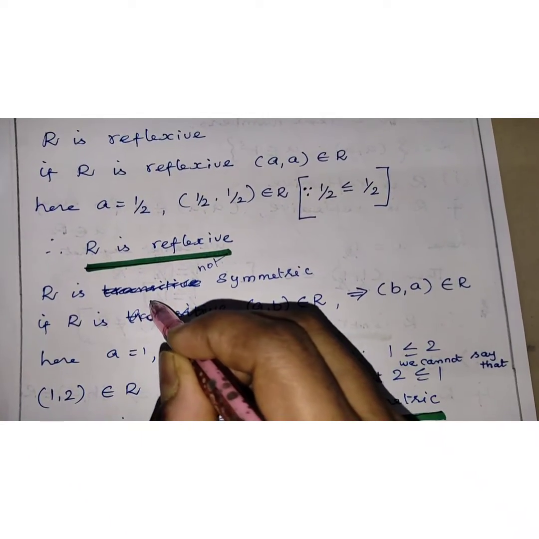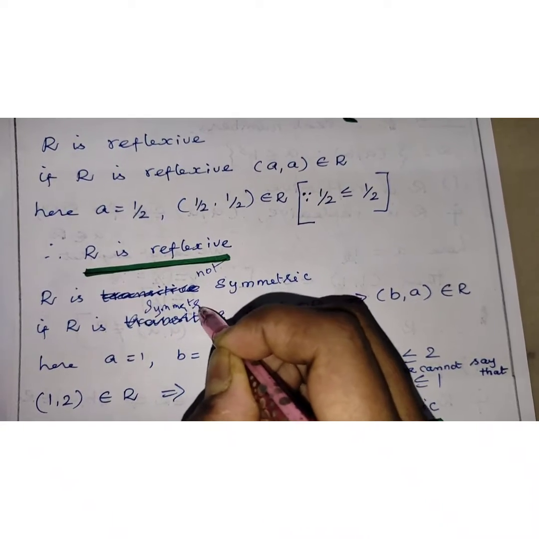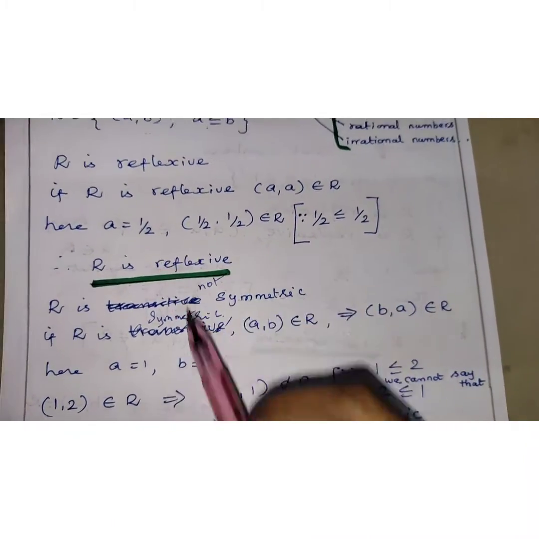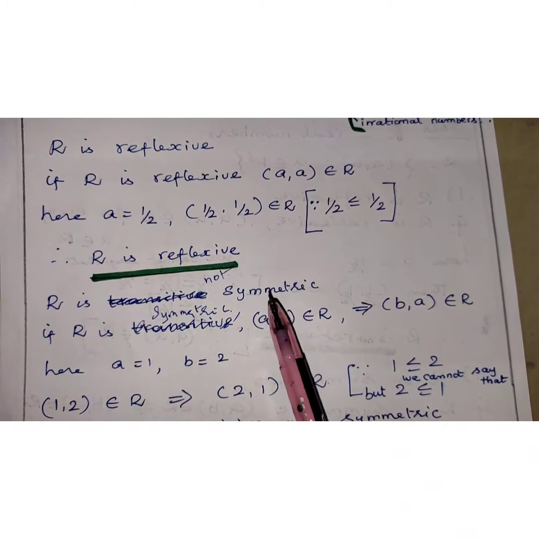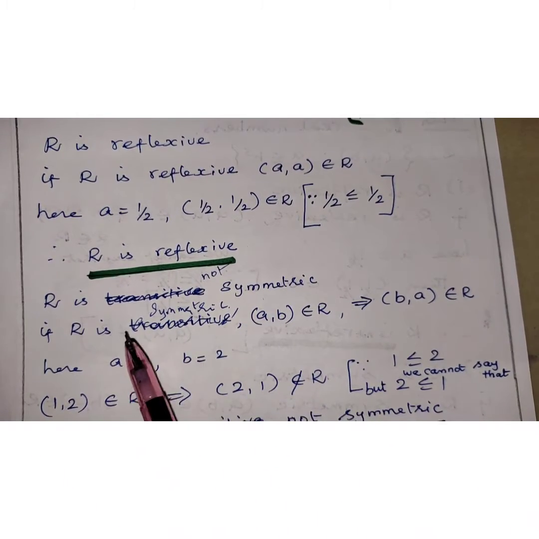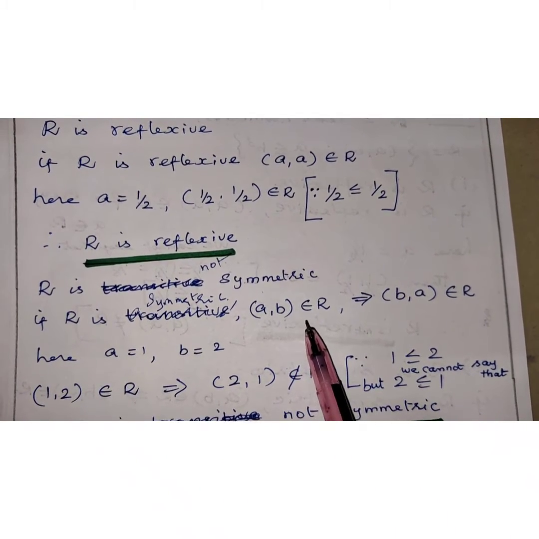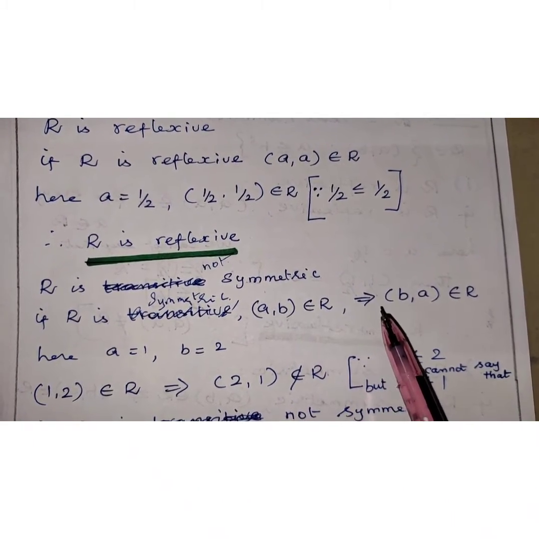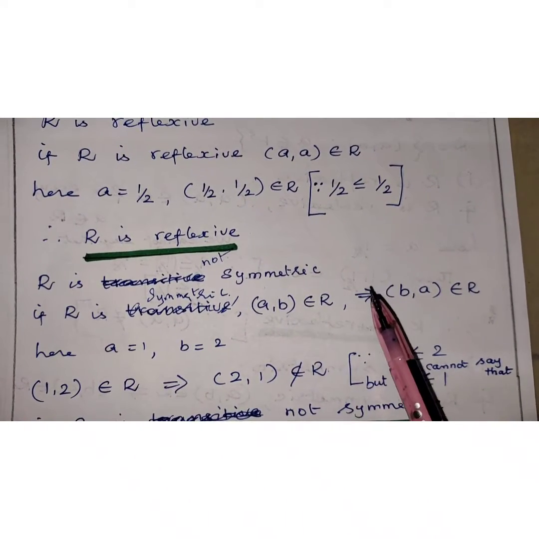If R is symmetric, the condition is (a, b) belongs to R implies (b, a) belongs to R. This is the symmetric condition.